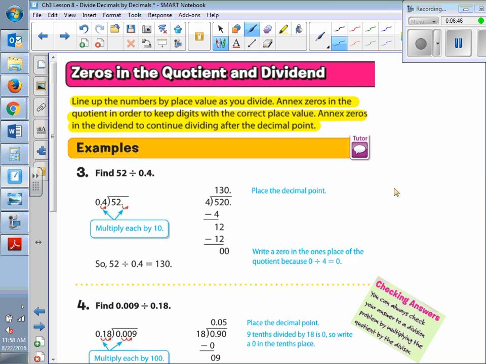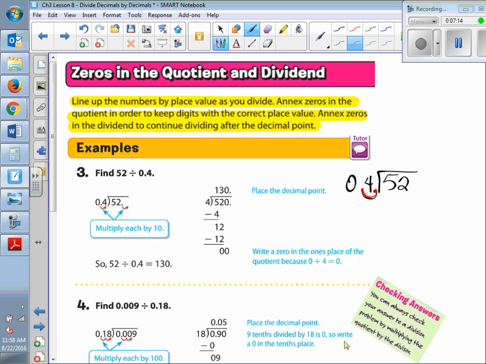We have 52 divided by 0.4. Now, how many times do I have to move that decimal in the divisor to make it into a whole number? 1 time, right? So you move it once in the divisor. So that means I have to move it once in the dividend.